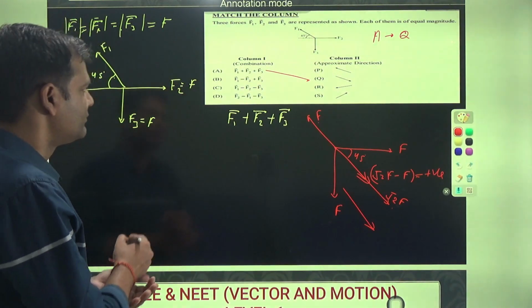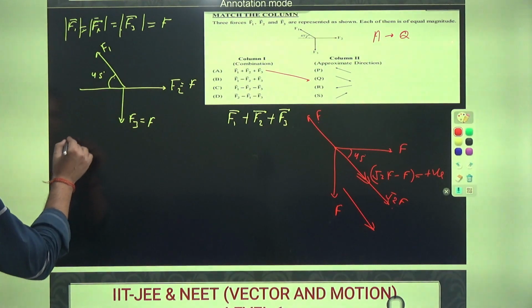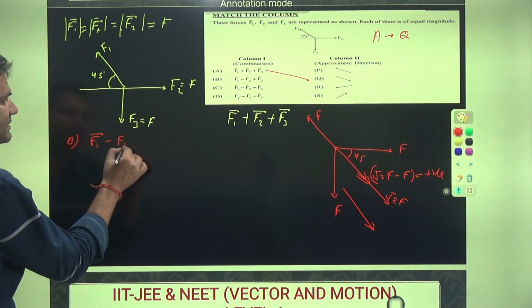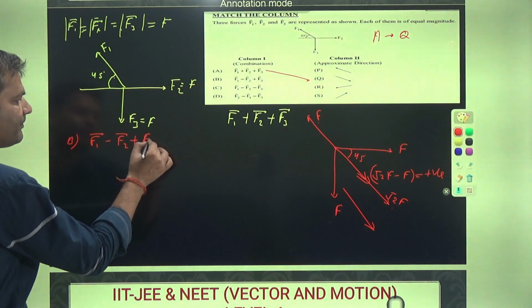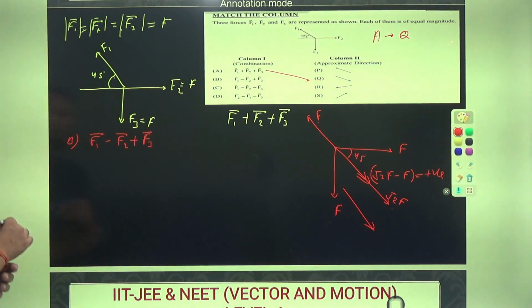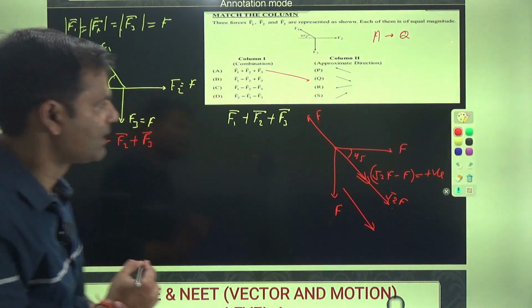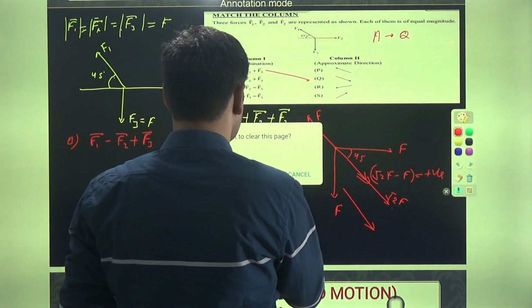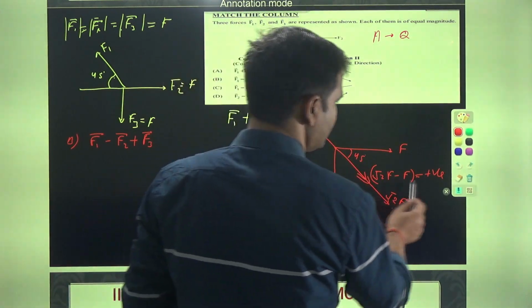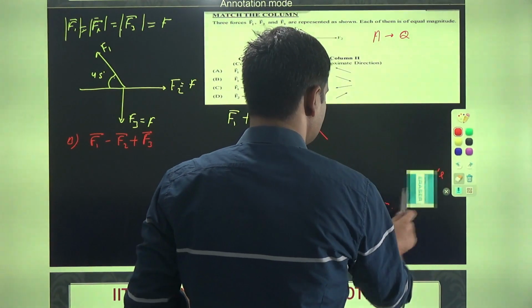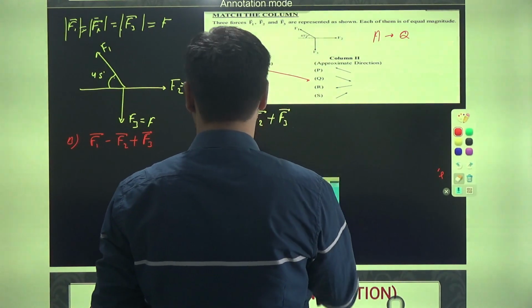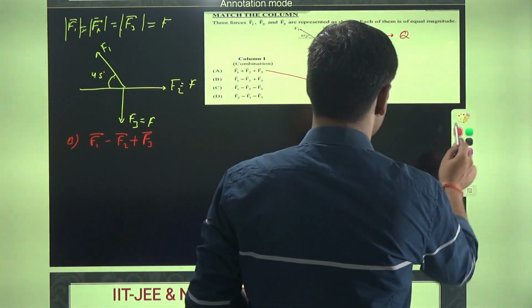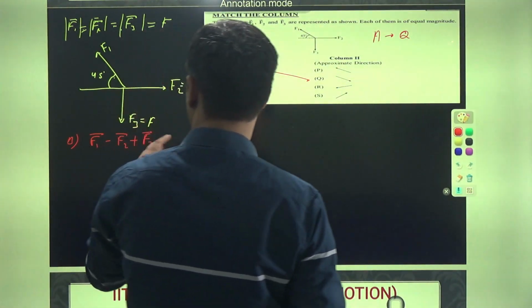F1 minus F2, second option B. We have to focus on the B part: F1 minus F2 plus F3. So first of all, redraw. Now F1 minus F2 plus F3.